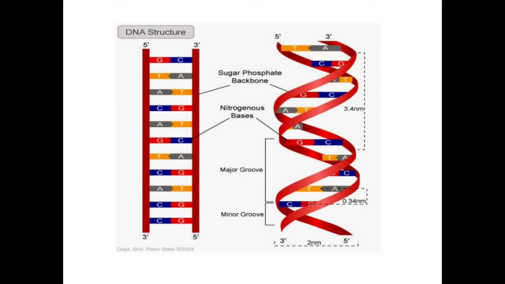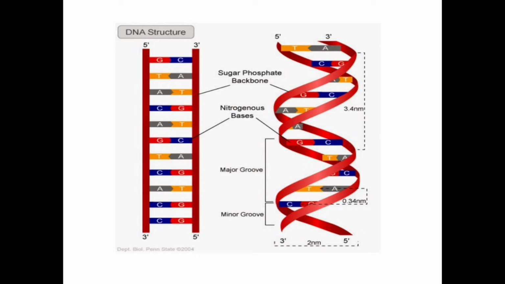These base pairs are held together by hydrogen bonds. As I told you, GC has 3 hydrogen bonds and AT has 2 hydrogen bonds, and the two strands are anti-parallel. The two strands run in anti-parallel direction. You can see there, it is not crossing, it is anti-parallel.